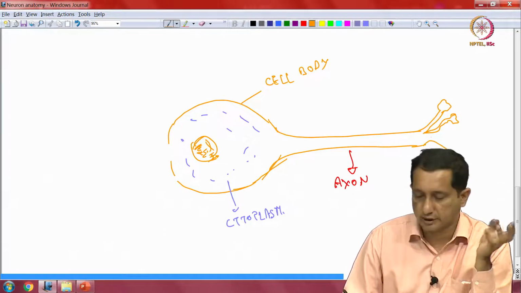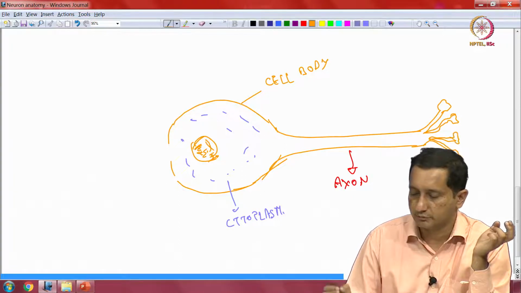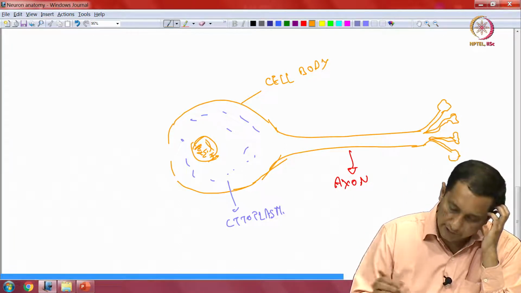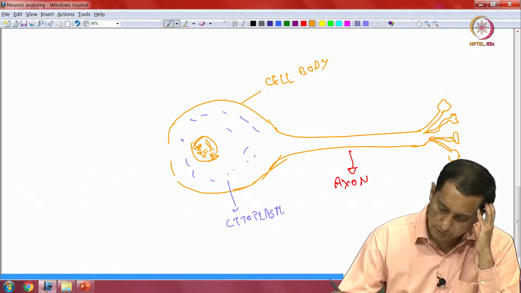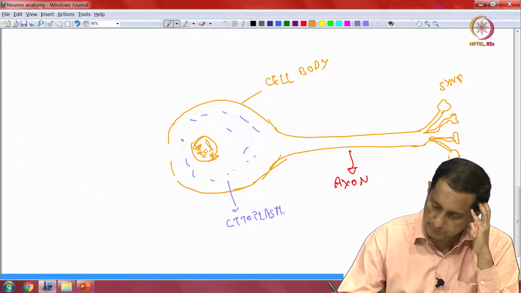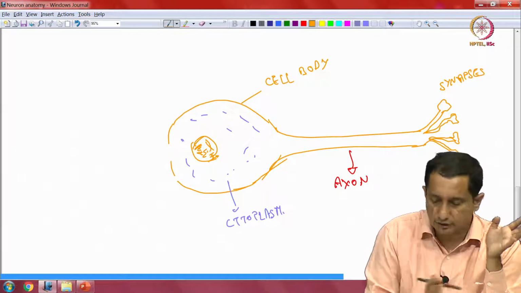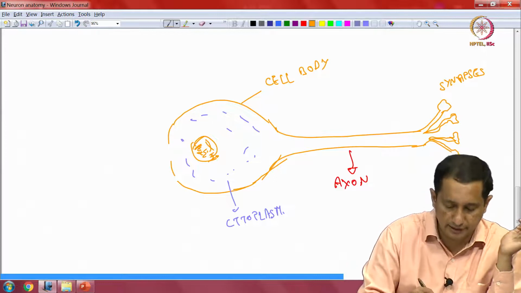So, one axon can give rise to multitudes of endings, and these endings we will come to in a while. This would be synapses. Now the other side of the neuron. So, we are looking at a very simple idealized neuronal structure.